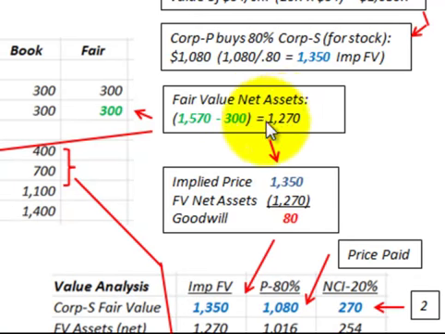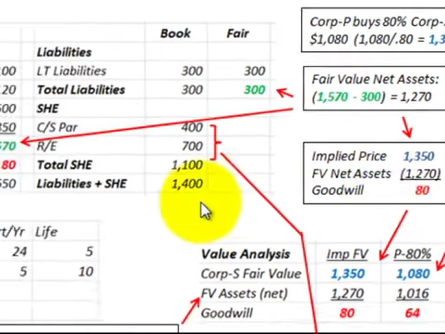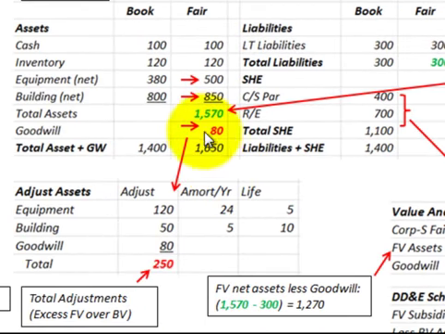That gives us a fair value of net assets of $1,270,000. With our implied price of $1,350,000 less the fair value of our net assets of $1,270,000, we have goodwill of $80,000. So we've accounted for our total adjustments, going over to our adjustment sheets, which would be the excess of the fair value over the book value of $250,000.